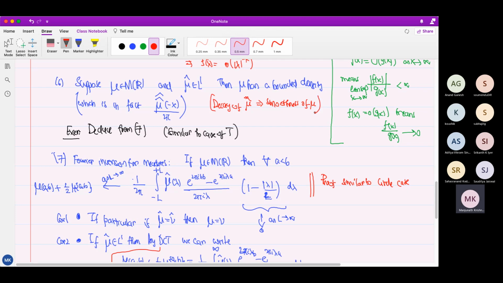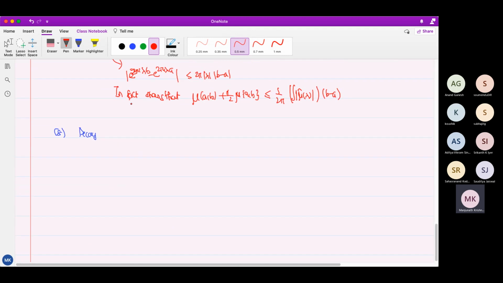This is in that theme. It's the first basic theorem that if mu hat is L1, then mu will have a density. Now once you have that, it's enough to consider functions, right? Because the density is an L1 function.